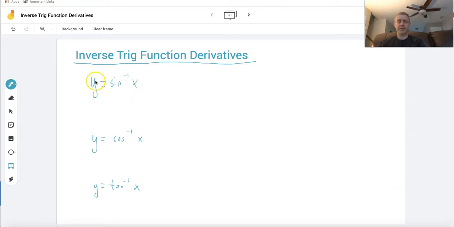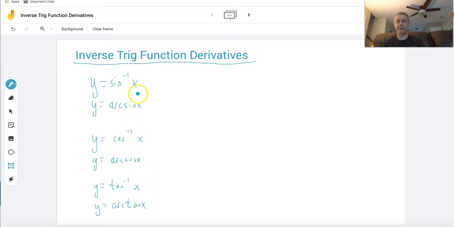First, while this is how we perhaps notate the inverses of the respective sine function, cosine function, and tangent function, another way that we express the inverse of these respective trig functions is by calling the inverse of the sine function arc sine of x, the inverse of the cosine function arc cosine of x, and the inverse of the tangent function, we can denote that also with arc tan of x. So just be mindful that if you see these expressions, they just represent the inverses of those respective trig functions.